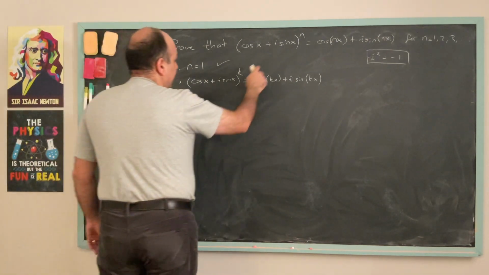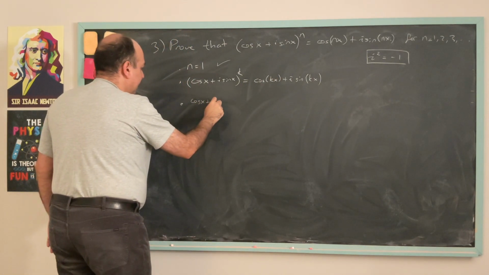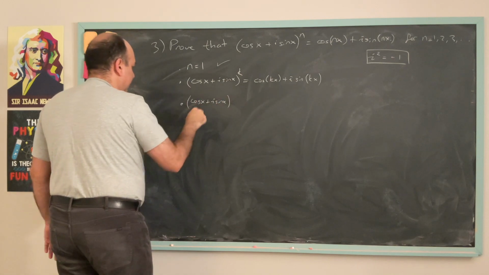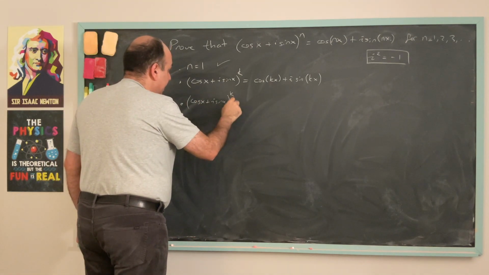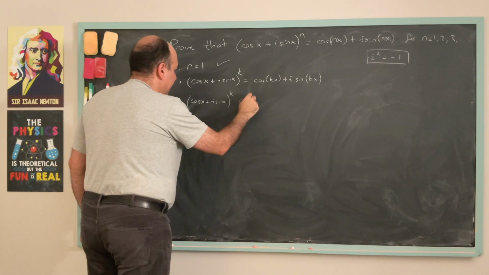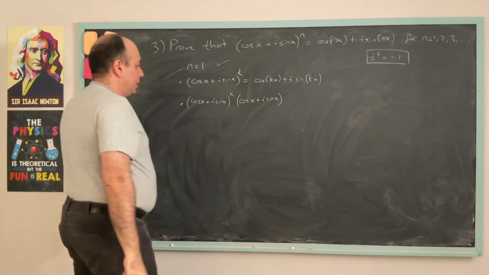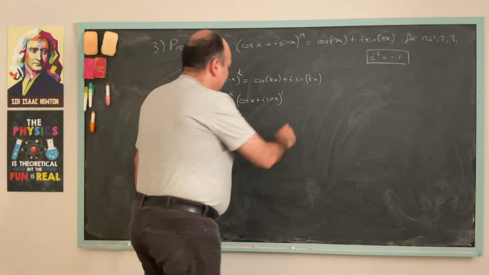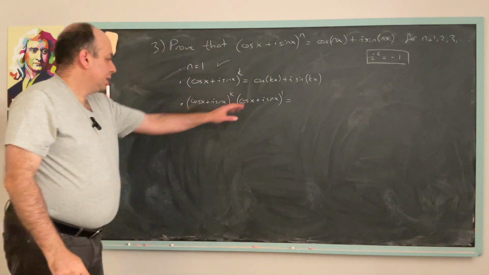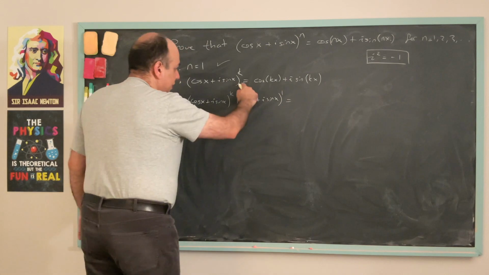So when I put k plus 1 here, I will have cosine x plus I sine x to the power k times cosine x plus I sine x. And this is 1, right? So this is k plus 1. Okay, so let's expand it by using this assumption.